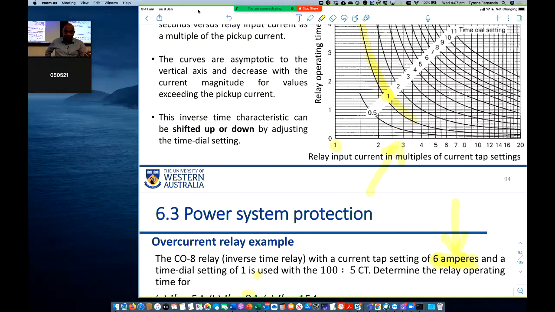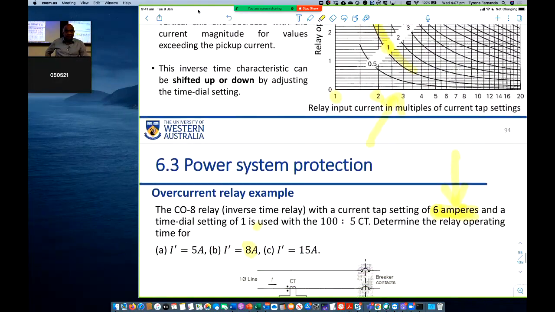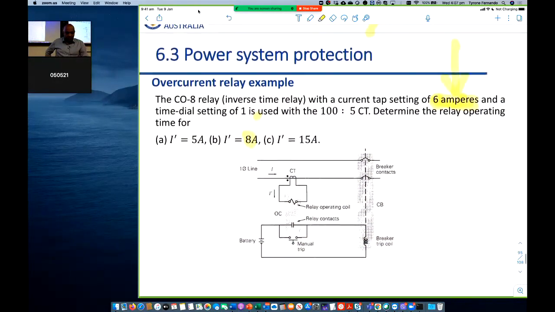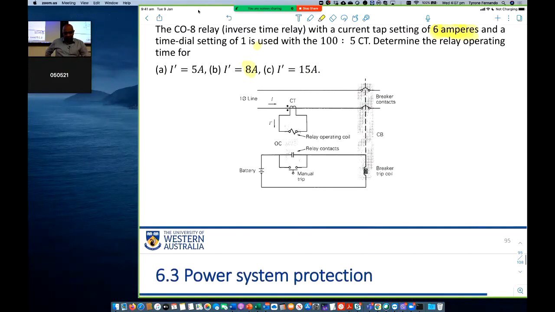If the pickup current is 12, 12 divided by 6 is 2, then we are looking at that number. And is the pickup current after the transformer? Yeah. Pickup current is after the transformer, it's how much little current that you're going to pick up from the sensor. Which is this value here.